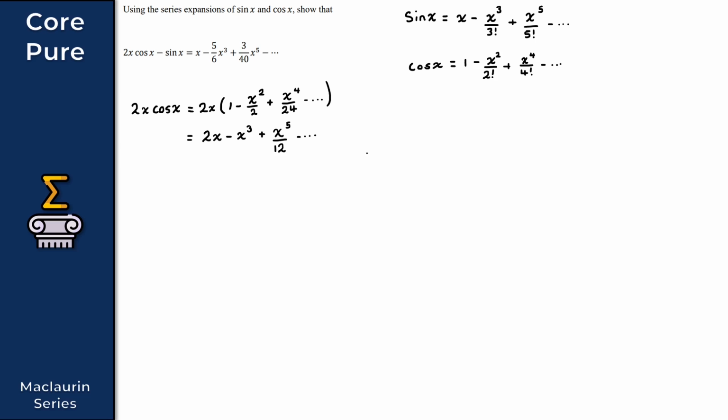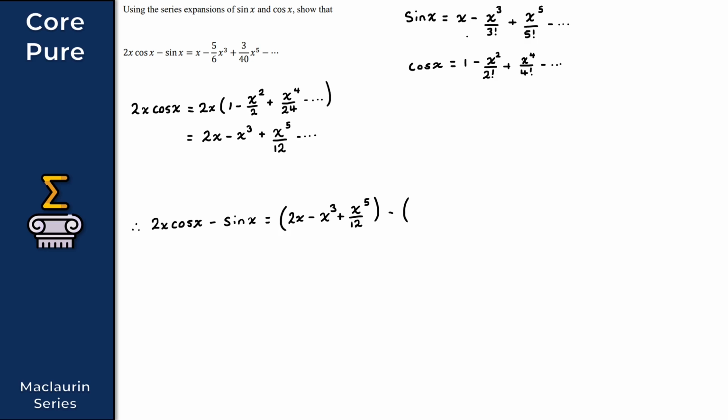So we now subtract sin x here, which is this series expansion here. So altogether then, what I've got here is 2x cos x minus sin x. So I've got this here. So 2x minus x cubed plus x to the 5 over 12 minus then sin x here.